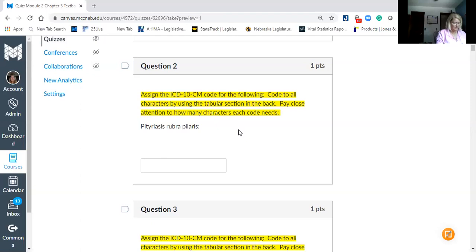We're going to find rubra, and then it's going to have in parentheses Hebra, and then it's going to have pilaris. So everything that you're looking for is there. It's on page 254 if that helps you in your alpha section. So pityriasis down to rubra pilaris, L44.0. And we're going to go to L44.0 in the back of the book.